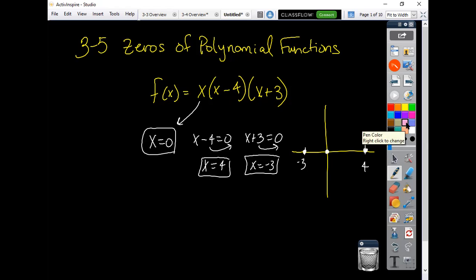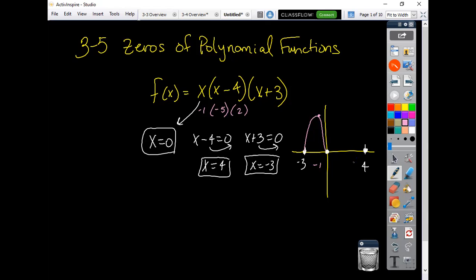If I put in negative 1 here, negative 1 times negative 1 minus 4 would be negative 5, times negative 1 plus 3, which would be 2. Negative times negative is positive, so that would be up at 10. So it's on the positive side in between there. So in between here, it must be doing something like that.